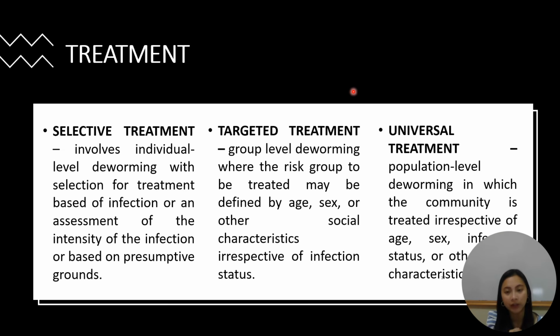That's a population level deworming in which the community is treated irrespective of the age, sex, infection status, or other social characteristics. So if selective treatment, that's individual level deworming. For targeted treatment, that's group level, risk group level deworming. While for universal treatment, that's the whole population level deworming.